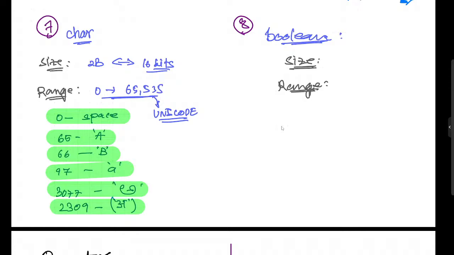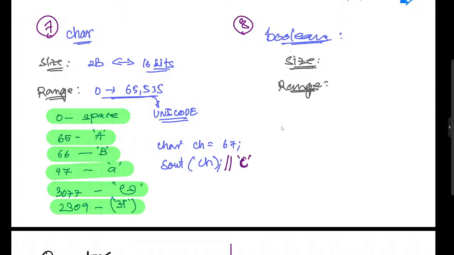So if you just do char ch equal to, let's say, 67, and then System.out.println(ch), you will print capital C as the answer.